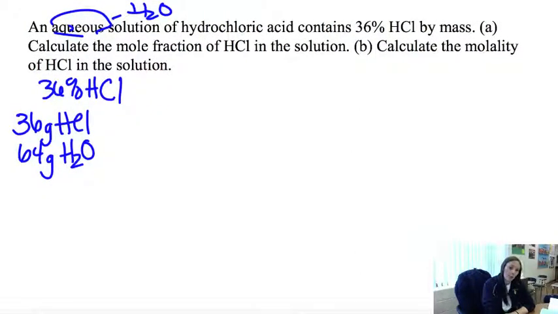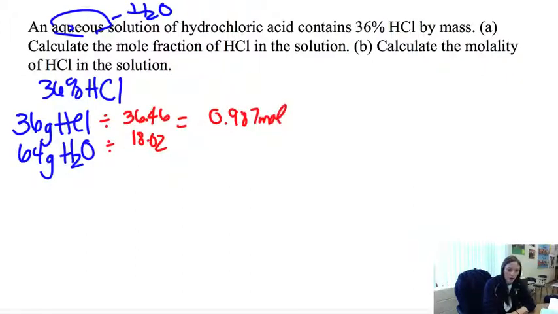So if I want a mole fraction, I have to put these both in moles, which means I divide by my molar masses. HCl has a molar mass of 36.4, and water is 18.02. So I get my mole numbers of 0.987 moles and 3.55 moles.